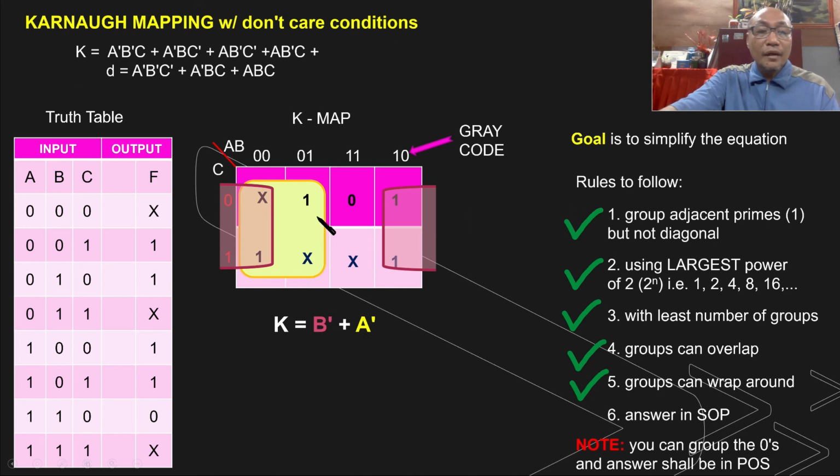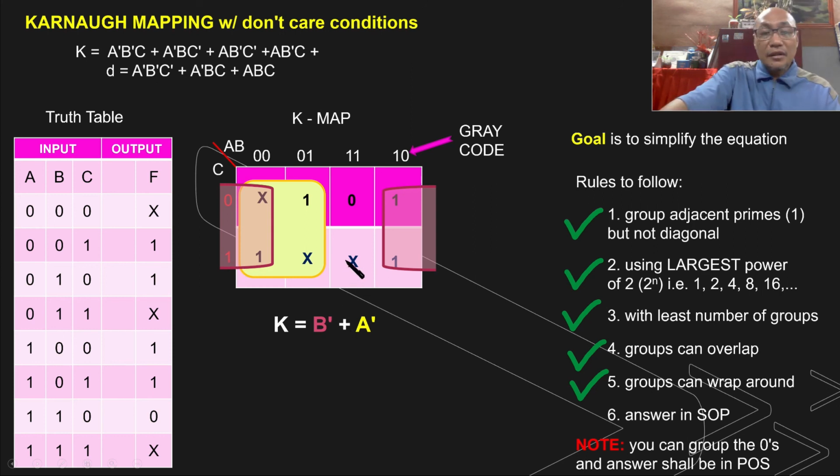So this group covers this one, 0, 0 and 0, 1. So it is A that didn't change in value and that is equal to 0. So therefore, it's equal to A prime. Looking again into the value of C, because it covers this and this, and C therefore changes in value 0 and 1, so eliminate C. So the result will be equal to B prime plus A prime.